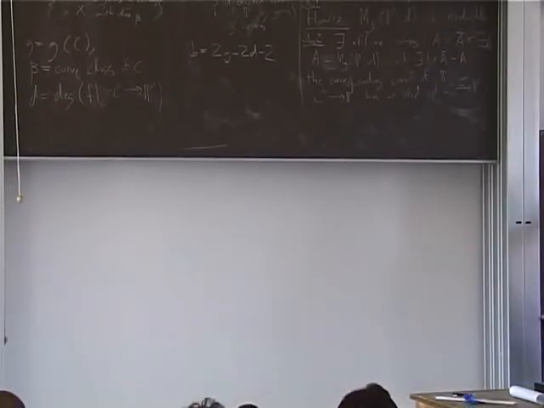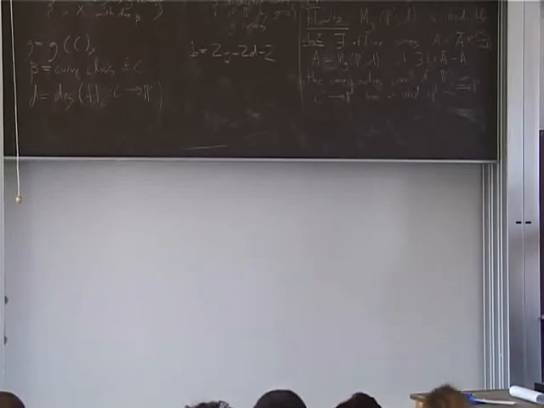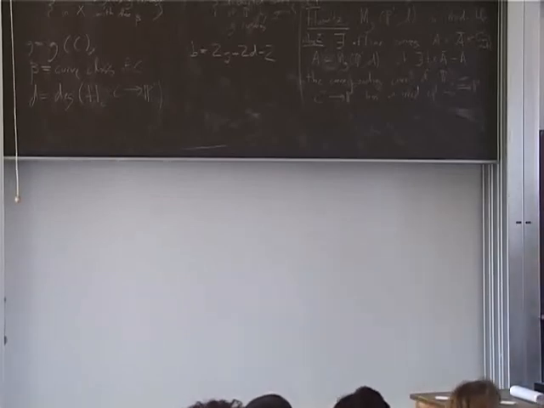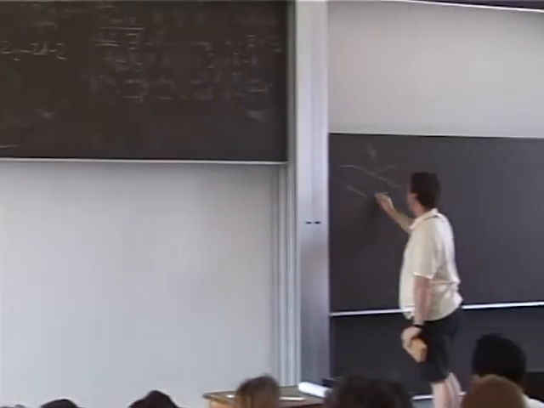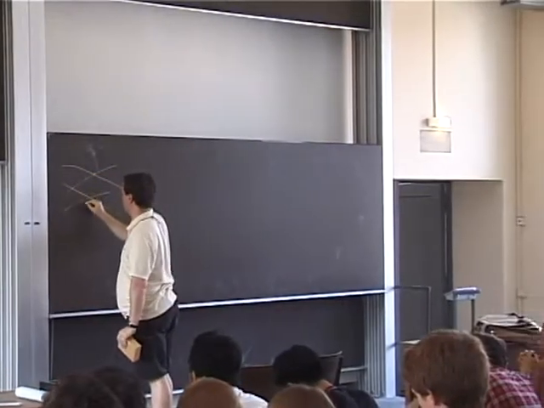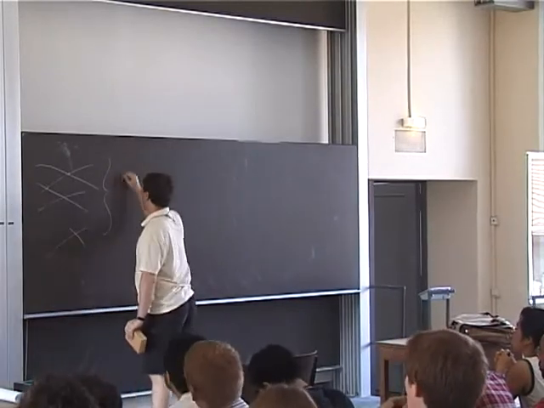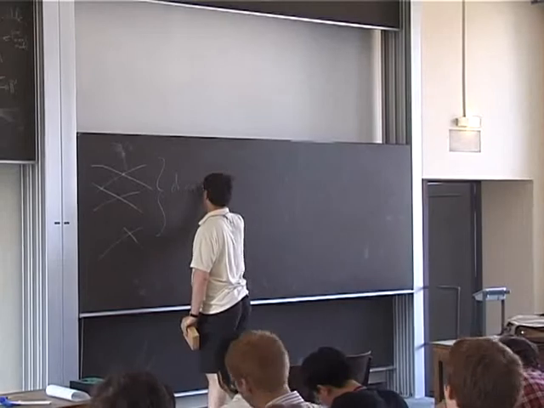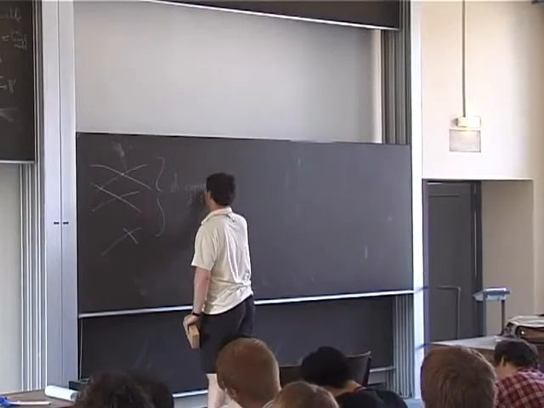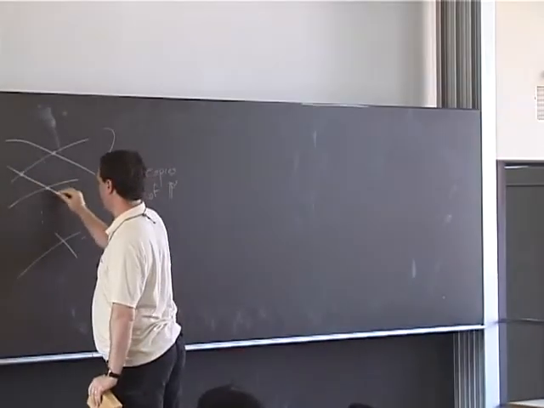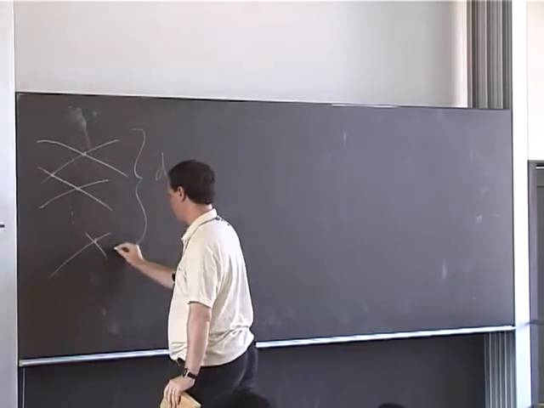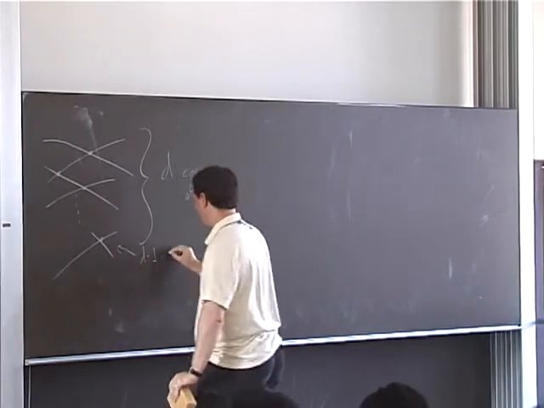We can in fact make this true for every irreducible component. You can just choose D copies of P1 and glue them together at D minus 1 points, so D minus 1 nodes.